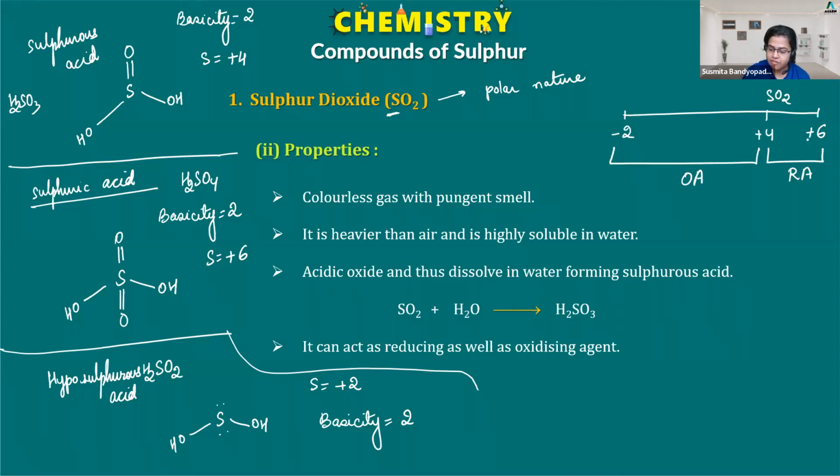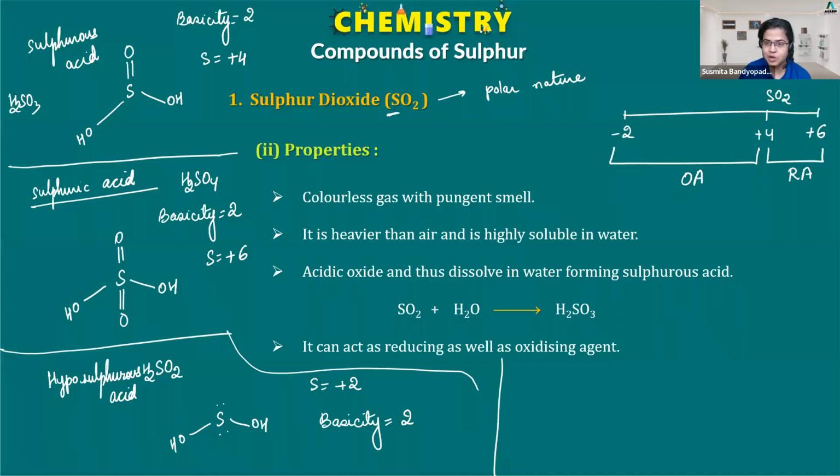See, plus 6 is a very stable state. Think in this way: non-metals will be very happy in a high oxidation state, because the greater the oxidation state, the greater the acidic nature of that non-metal.